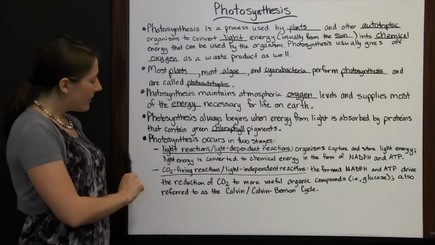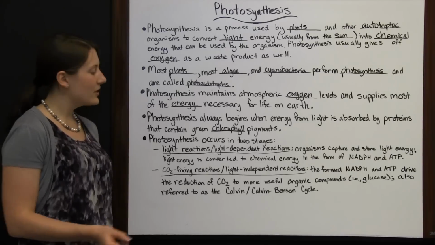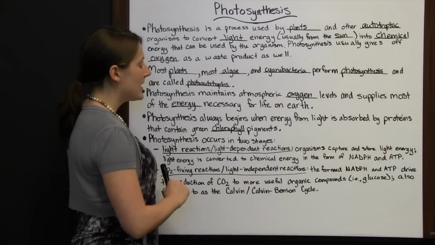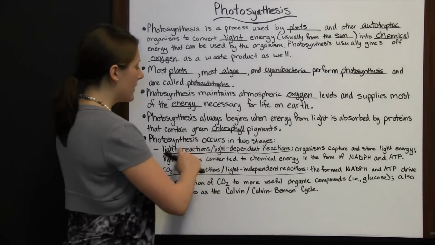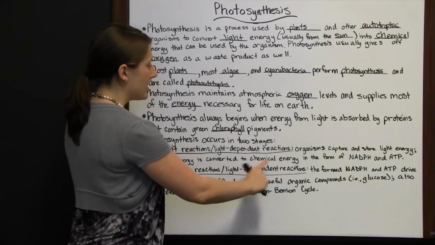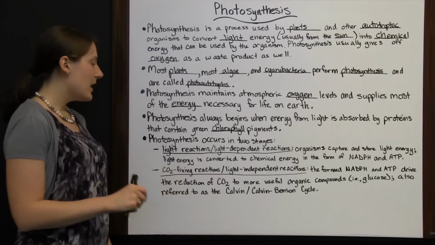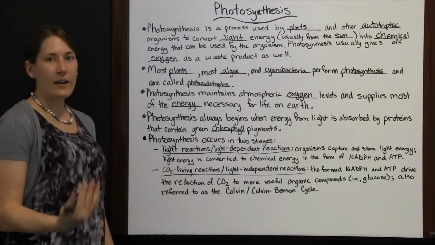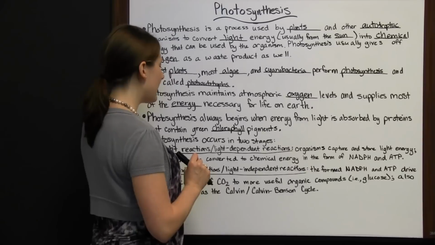In the carbon dioxide fixing reactions or light-independent reactions, these are ones that can happen even whenever light isn't present, as long as there was some energy harnessed in that plant already. So these don't have to happen while there is light present supplying energy. They can happen later.